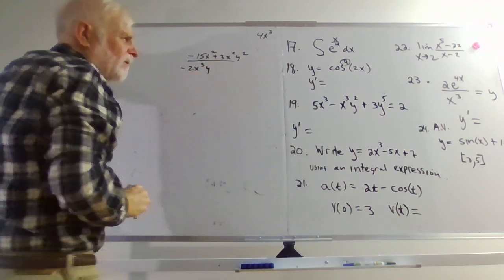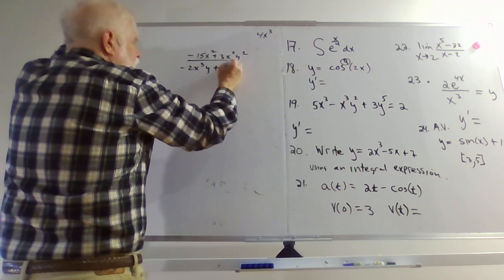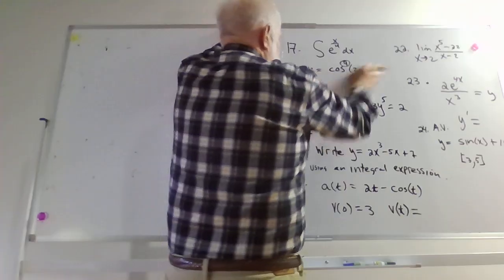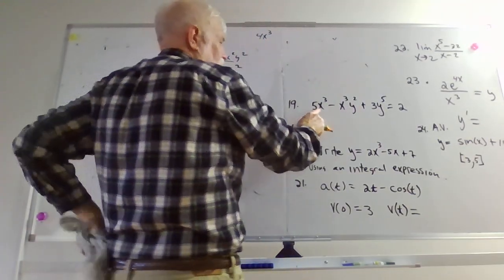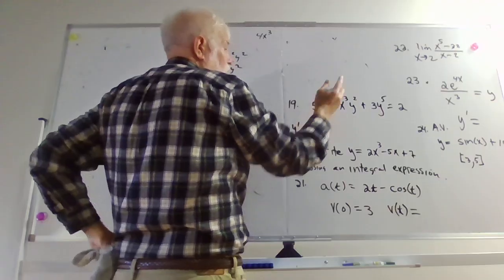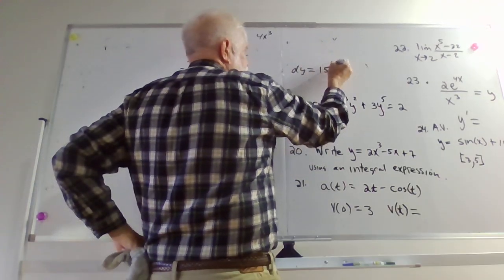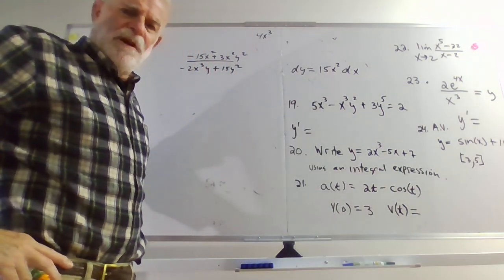Hopefully I'm getting better at this, plus 15y squared. All right, so let's do it out over here. Remember, anything to do with dividing by dx, this is going to have a dx layer of change, right? dy is equal to 15x squared dx, bringing it back to where we started the lesson set, had that discussion, right?